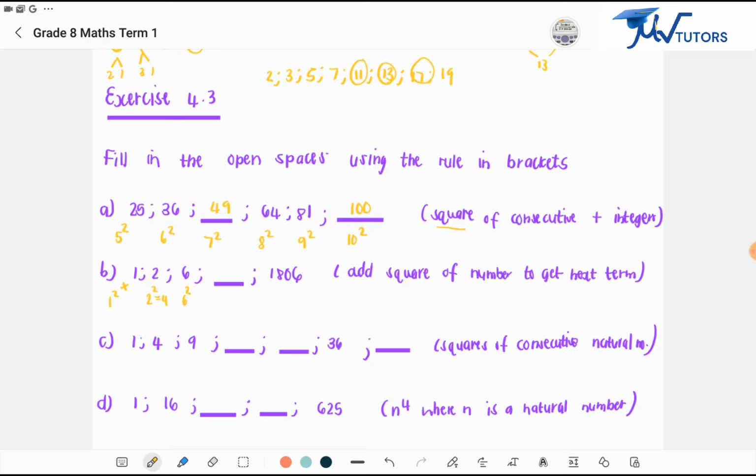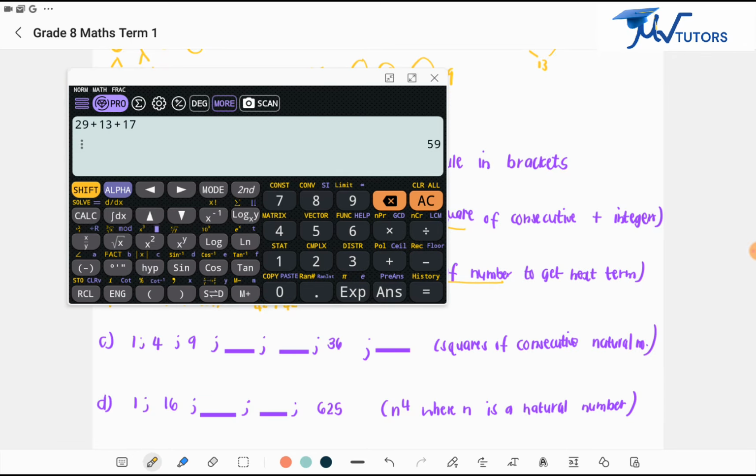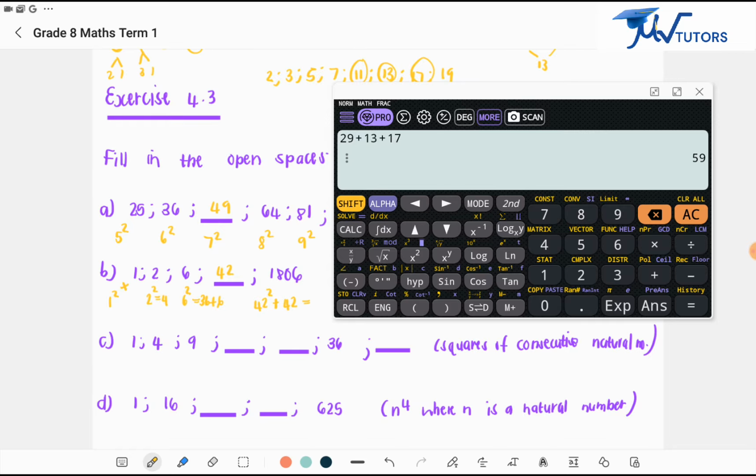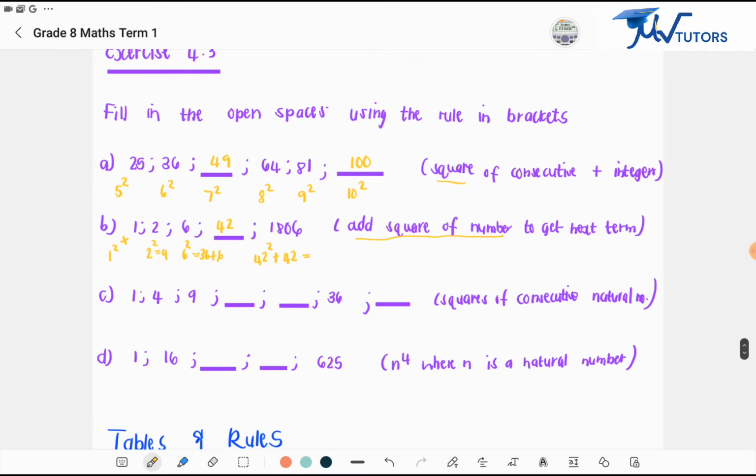Now 42 squared plus 42 must give me 1806, or else we haven't been doing the correct things. Okay, so let's shift it this side. So if I have 42 squared plus 42, and we get 1806, I'm happy. Okay, now let's go to C.